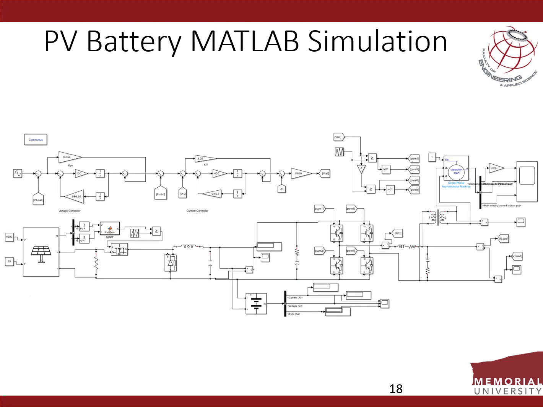Here you can see the PV battery MATLAB simulation. Let me show you different part. This is the PV system, MPPT controller, buck converter, battery system, inverter, and a step-up transformer, our load, which is a synchronous machine, PWM generator, and here is the inverter controller.